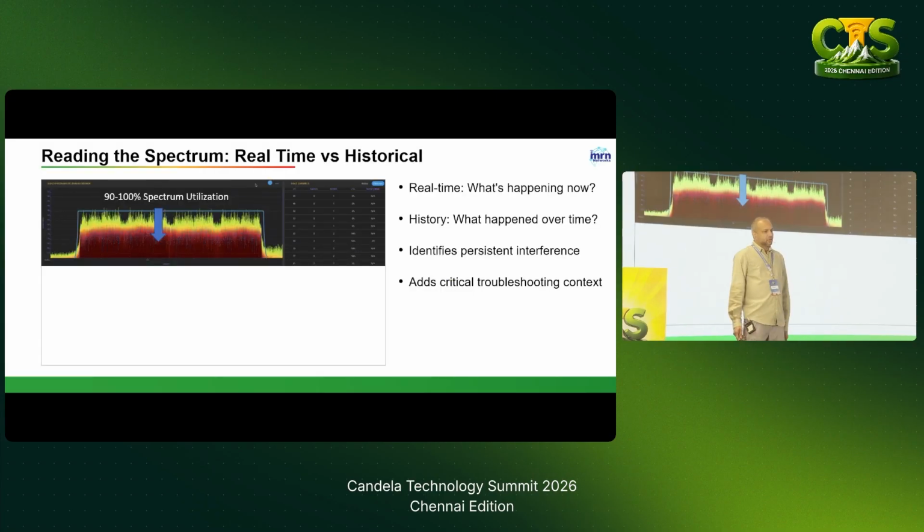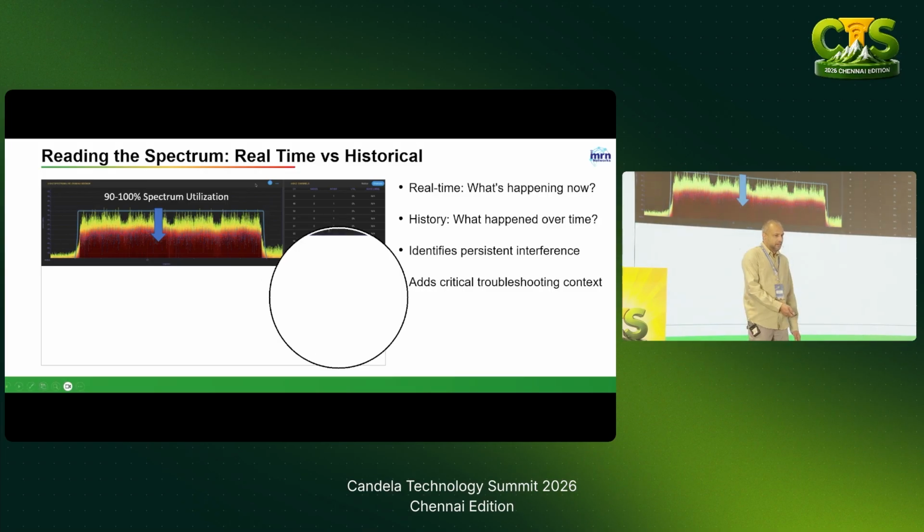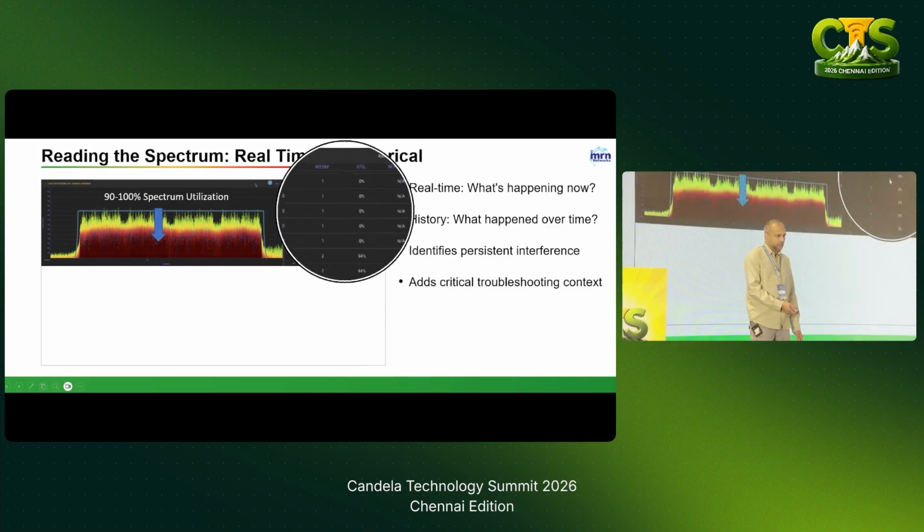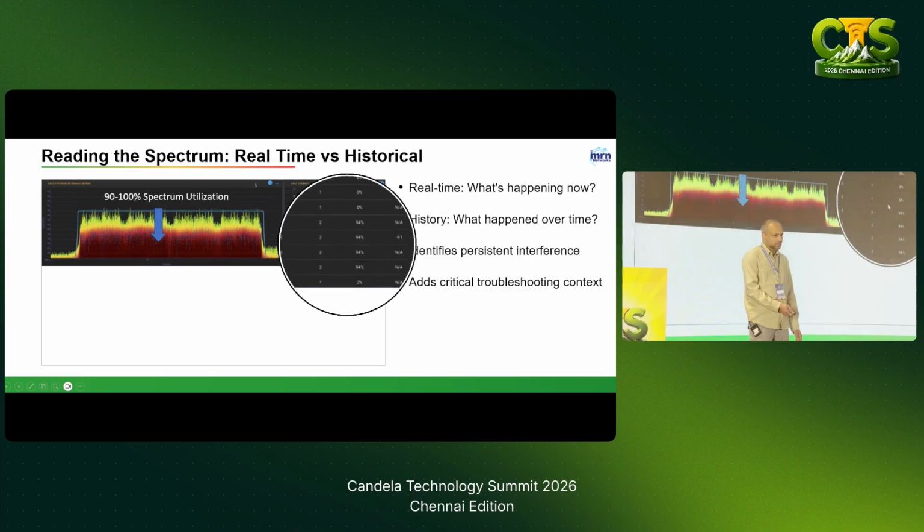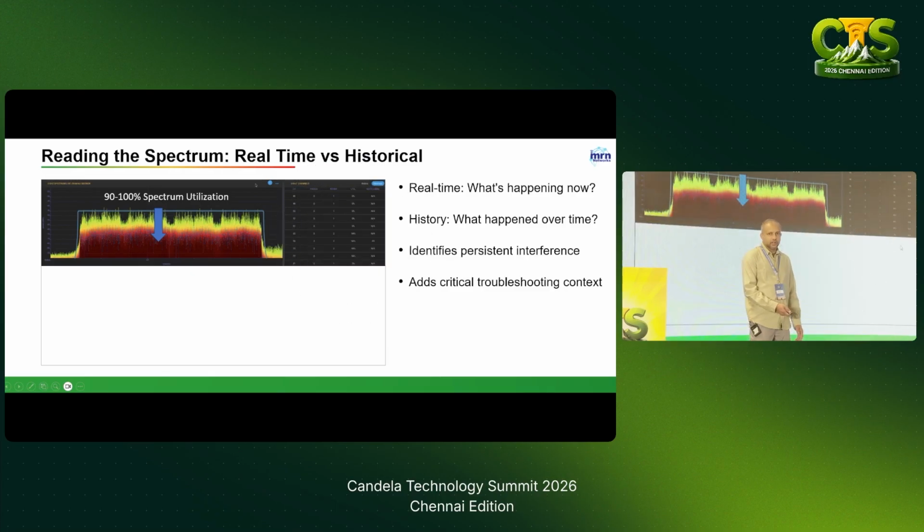But if I show you this kind of view, you may think everything is really dark red. If you can read the value here, you will see utilization is very high. But is it good or bad? To determine that, you need a bit more historic data. Whenever you do spectrum analysis, you need not only the real-time view, but also the histogram. What does the histogram look like?